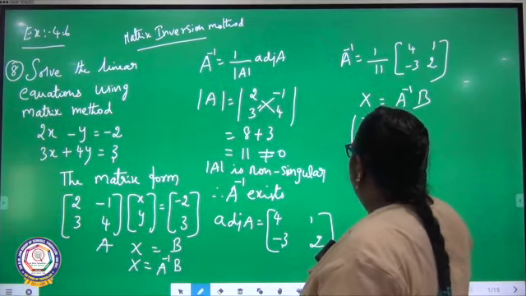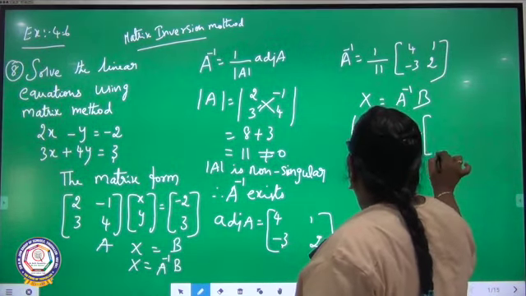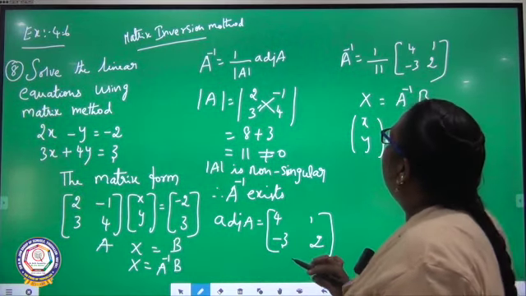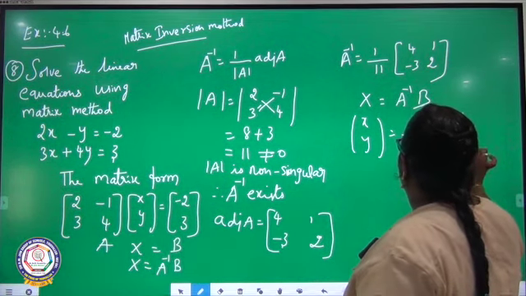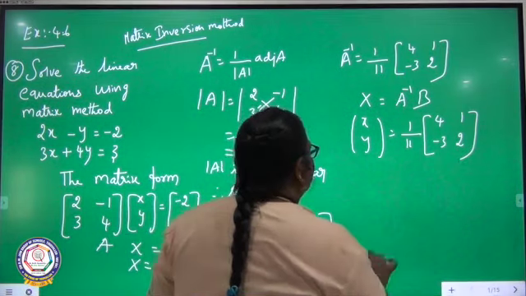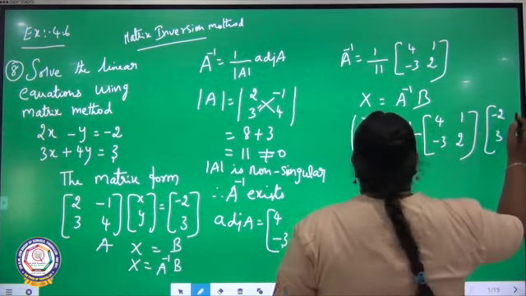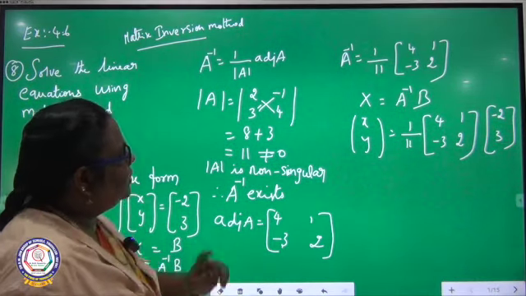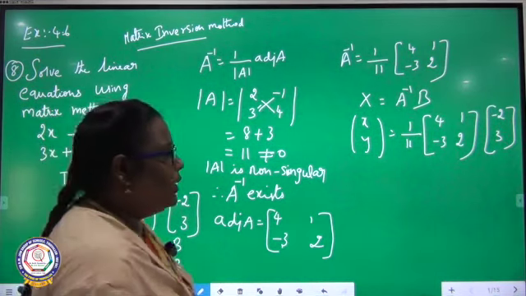X, y equals 1 by 11 into A inverse, which is 4, 1, minus 3, 2. What is the value of b? B is minus 2, 3. A inverse value is 1 by 11 into 4, 1, minus 3, 2.